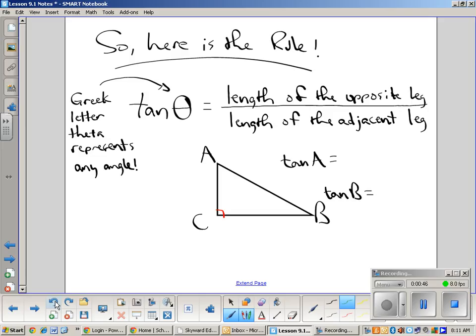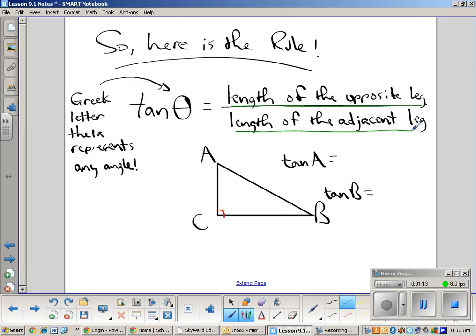The tangent ratio is the length of the opposite leg divided by the length of the adjacent leg. We shorten that down, of course, and say opposite over adjacent. Tangent equals opposite over adjacent.